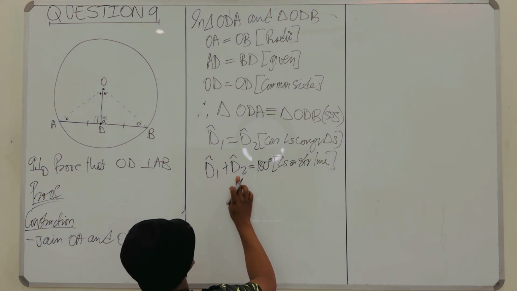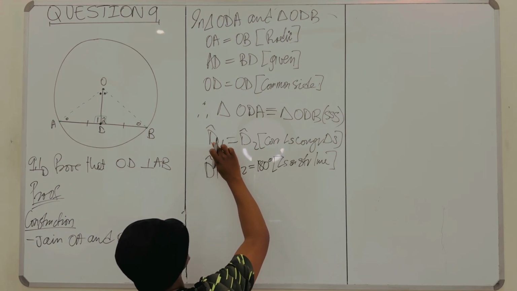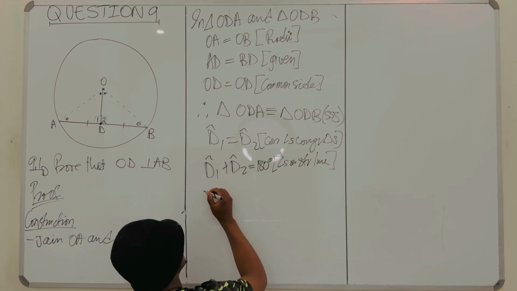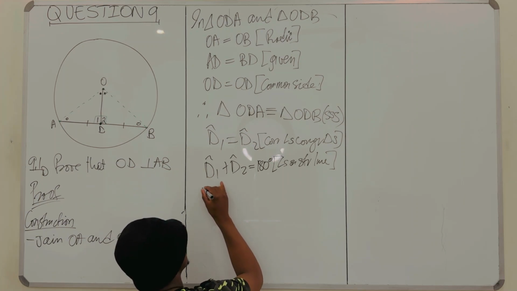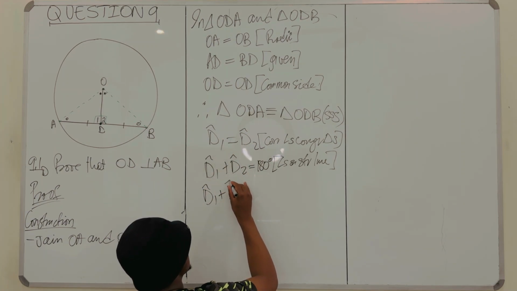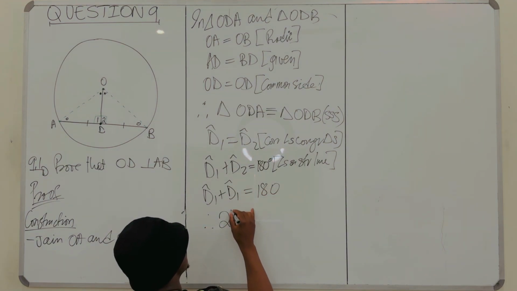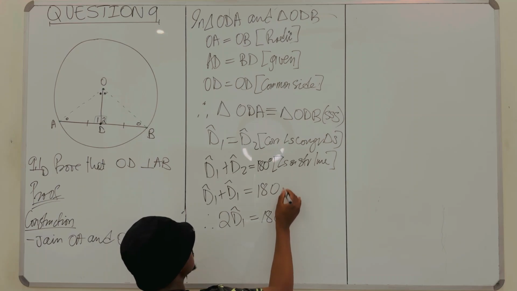But D1 and D2 are equal, which means in the place of D2, I can put D1. So I'll have D1 plus another D1 equal to 180 degrees. Therefore, 2 angle D1s is equal to 180 degrees.